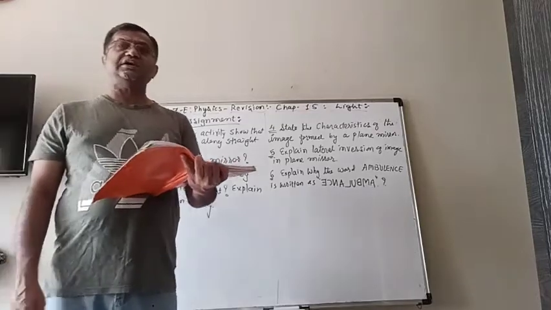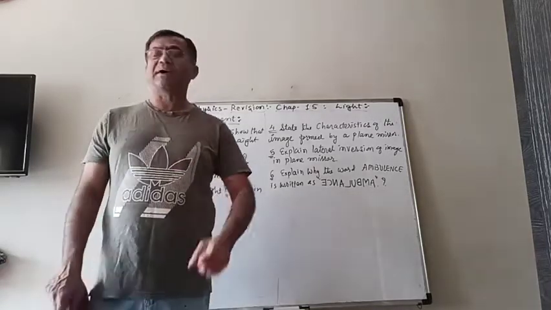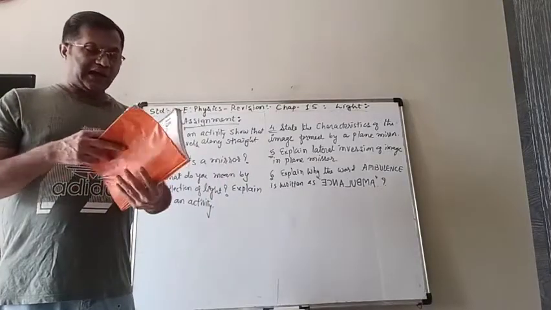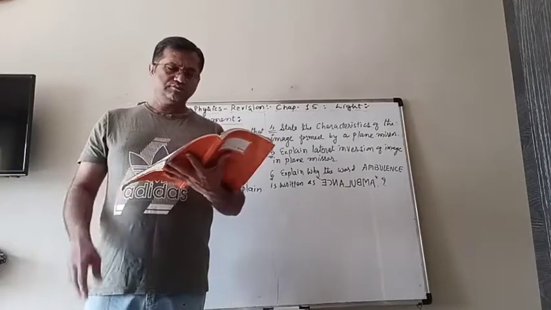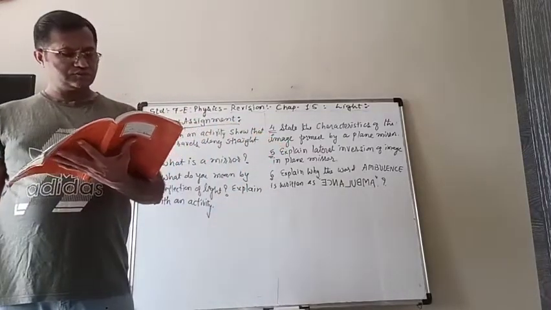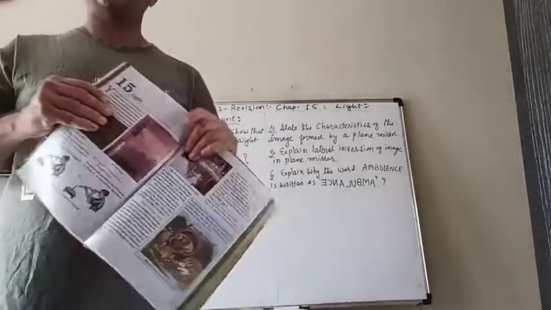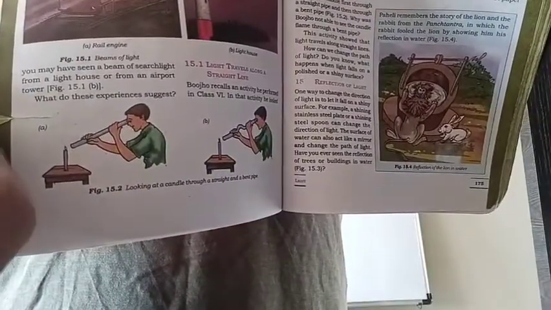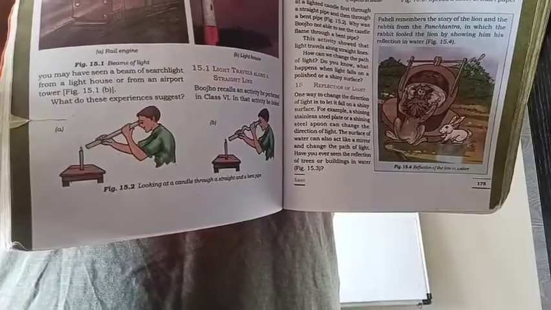Then you will be able to see the flame through the pipe. Now bend the pipe a little, and then again try to look at it as shown in the figure here. You can see the difference. Here it is a straight pipe, here it is the bent pipe.